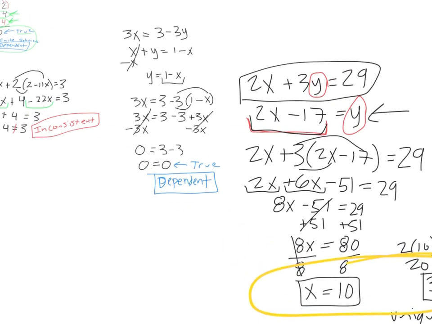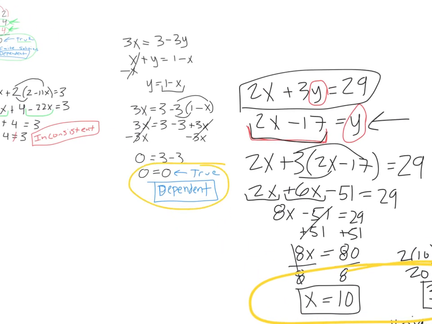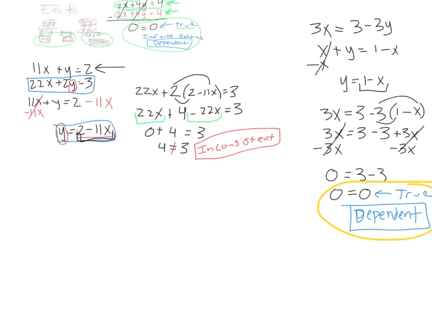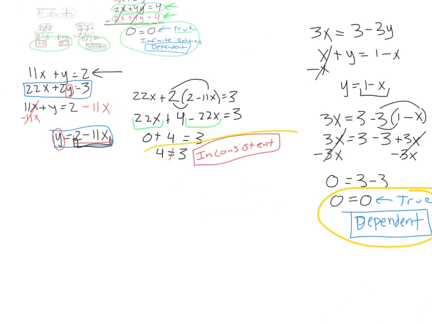A dependent system of equations is the same exact line graphed on top of itself, right? Algebraically, we see that both variables drop out, they cancel out of the equation, and we're left with a true statement like 0 equals 0 or 5 equals 5. And then an inconsistent system of equations would be parallel lines.